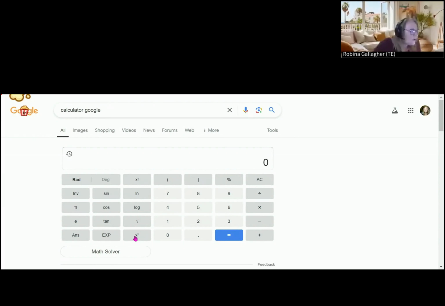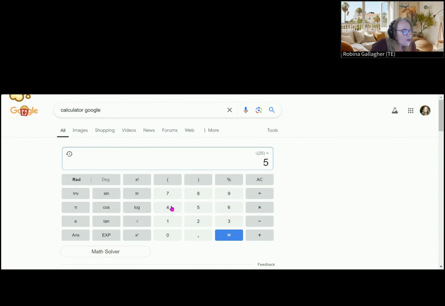Right above it is the square root button. If I want to take the square root of a number, for example 25, I have to hit the square root and then put in my number, and then I hit equal. So 5 times 5 is 25, so the square root of 25 is 5, and that's correct.